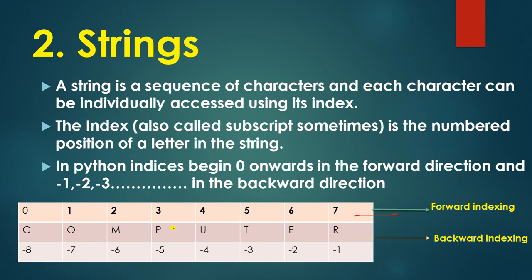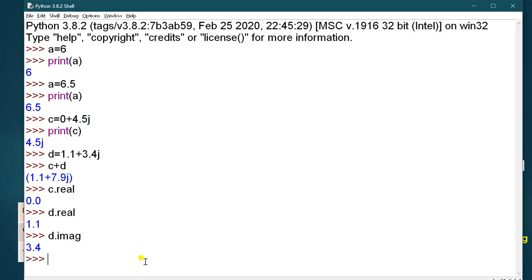This is the string computer, and the second one is your backward indexing. The forward indexing starts with 0, 1, 2, 3, 4, 5, 6, 7 till the last number, and the backward indexing starts from the back position with -1, -2, -3. How will this work? For example, I am writing A is equal to computer.